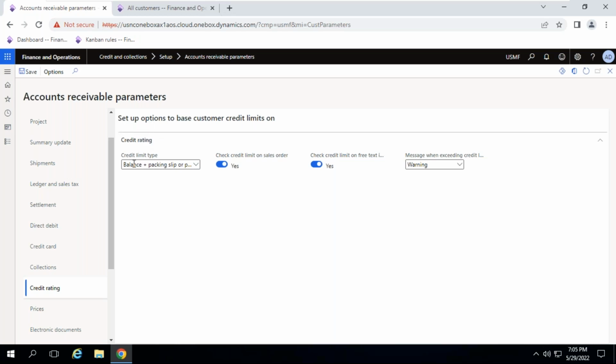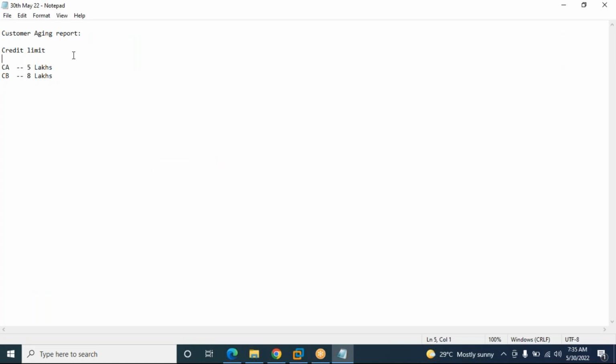So see, if it is mapped to balance, then sales orders with invoiced status, meaning open invoices, will be considered.